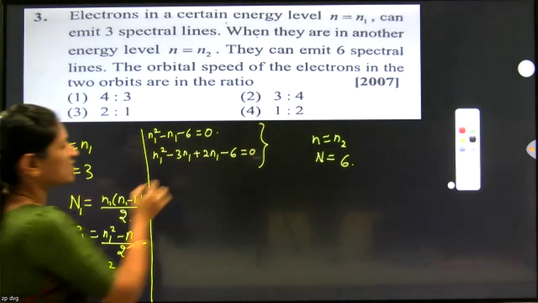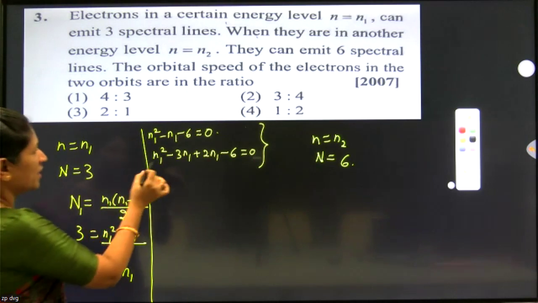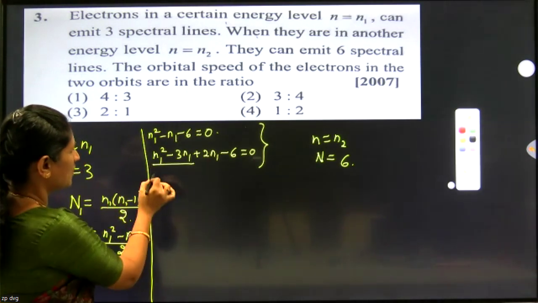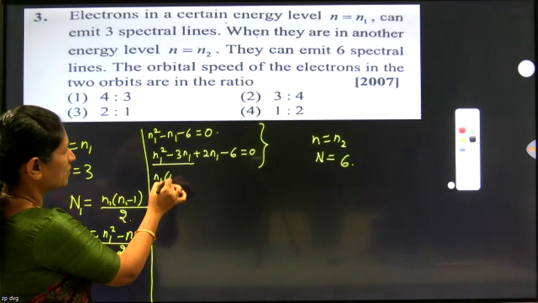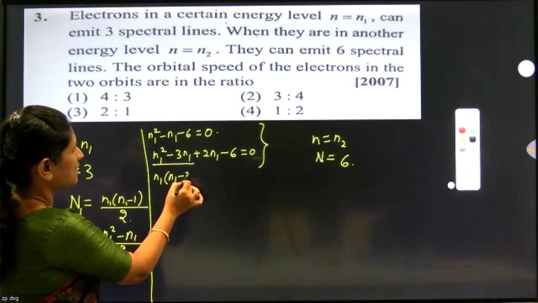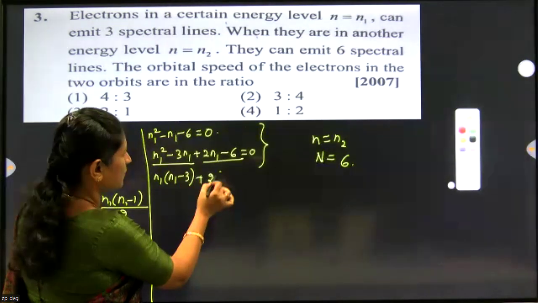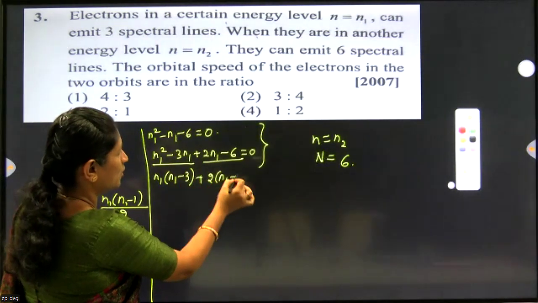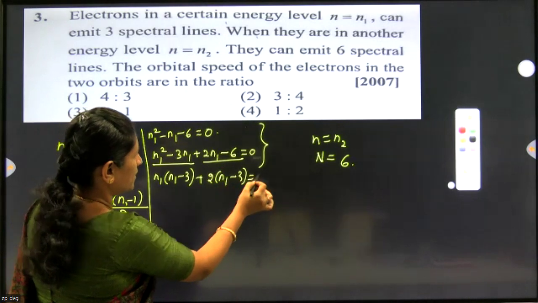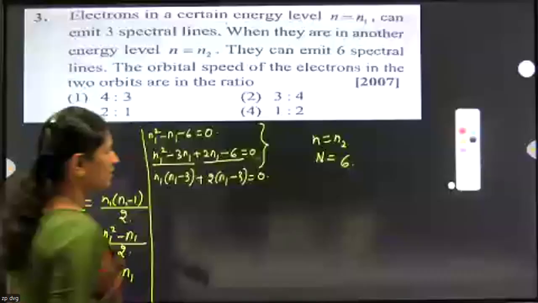Here n1 is common: n1 into n1 minus 3, plus here 2 is common, n1 minus 3, that equal to 0.